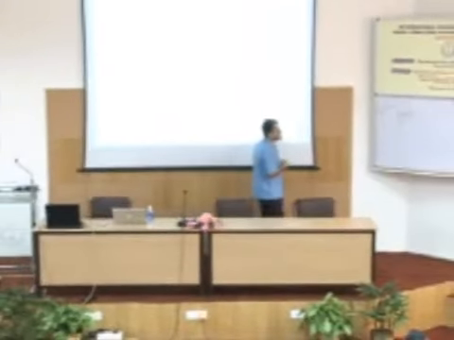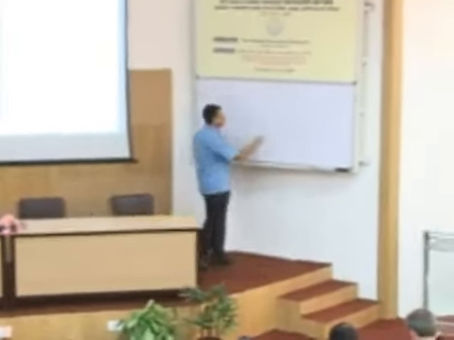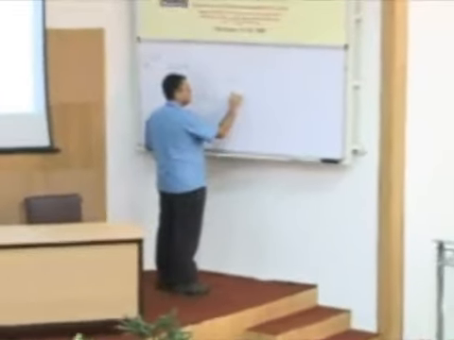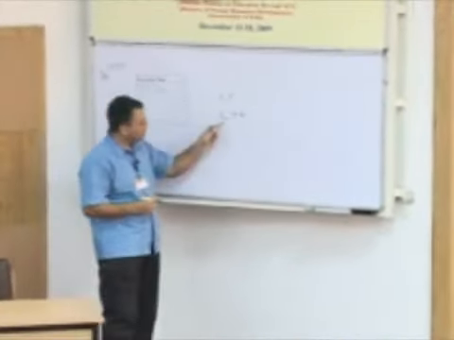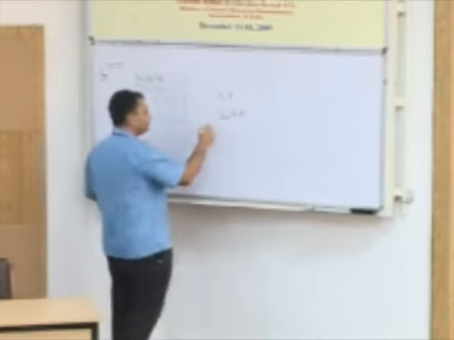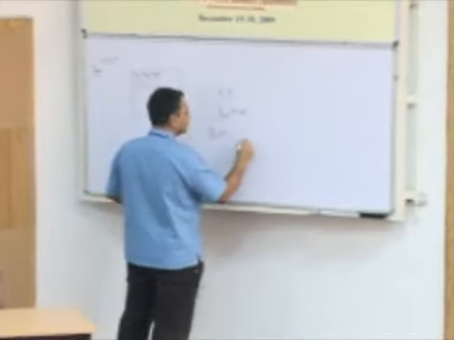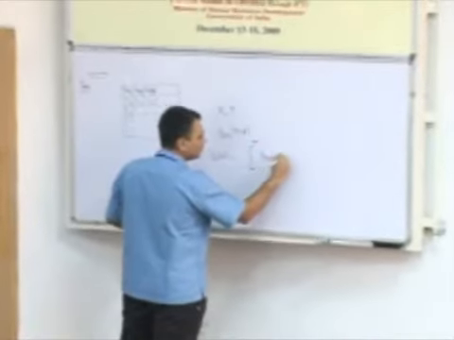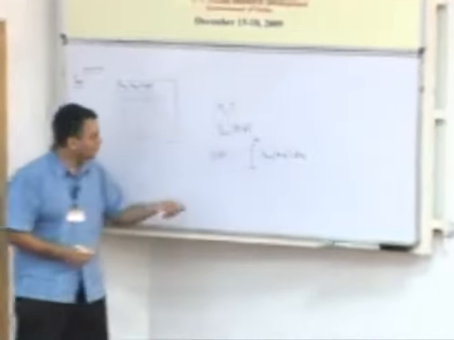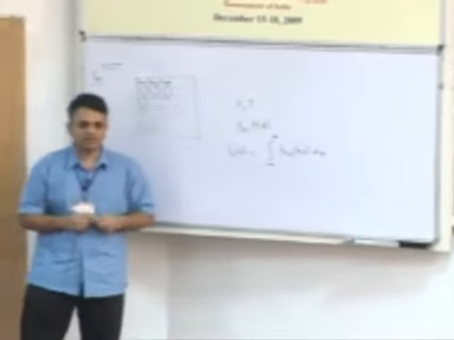Another way of looking at it is that if you were to look at two random variables, let's say x and y, and they have a joint probability distribution, and you want to get the distribution of x, what you would do is integrate out y, and you would get the probability density function of x.